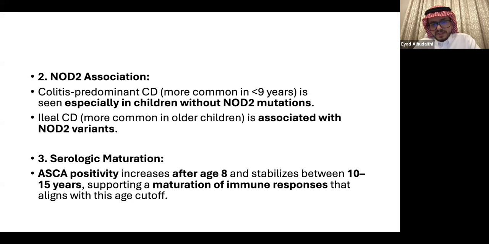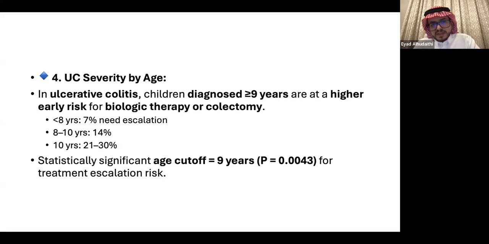Ileal Crohn's is more common in older children, and they noticed that it's associated with NOD2 variants. Also, they noticed serologic maturation, like ASCA positivity increasing after age 8 and stabilizing between 10 and 15, supporting a maturation of immune response that aligns with this age cutoff.